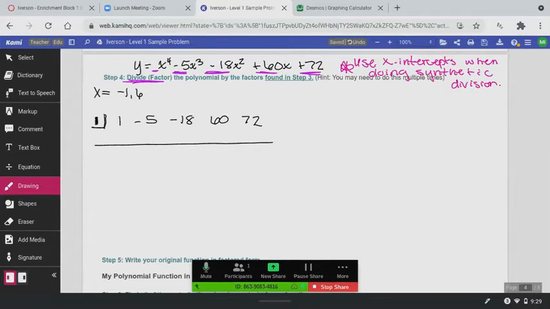Draw this cute little line underneath. And my first step is to drop down my 1.